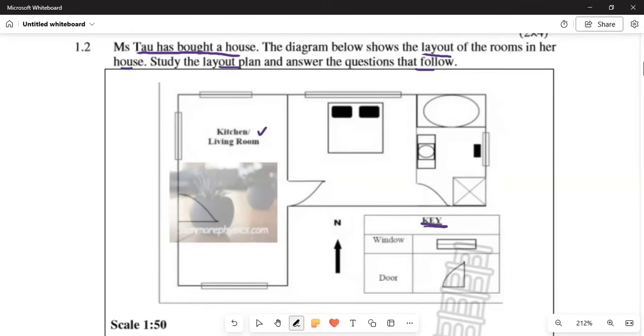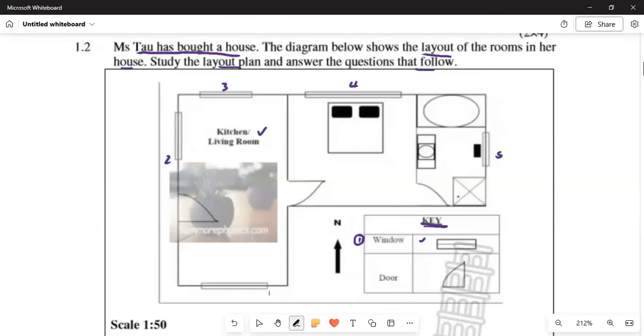We have number 1, windows, with a specific key. So we mark them: window number 1, window number 2, window number 3, window number 4, and window number 5. So there are 5 windows.